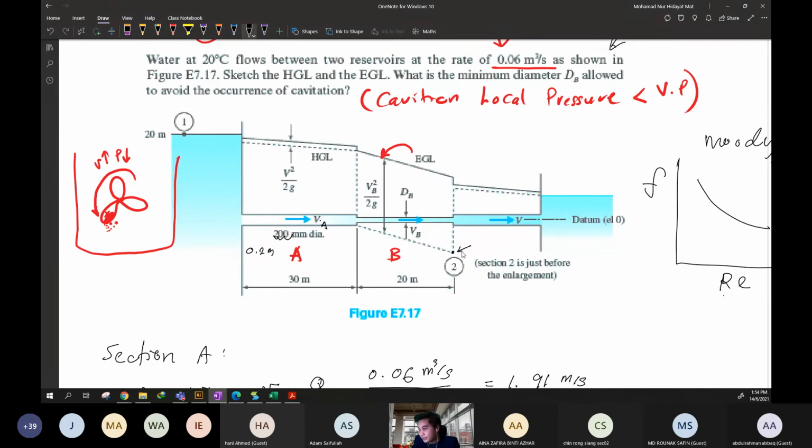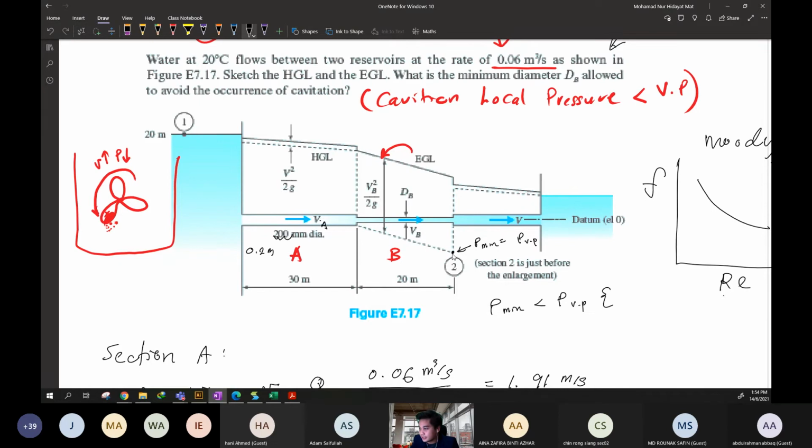This minimum pressure should be equal to the vapor pressure. If this P minimum is less than the vapor pressure, what happens? Will cavitation happen or not?